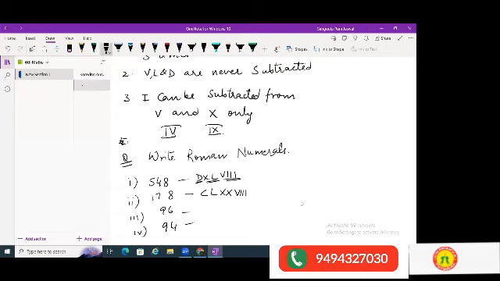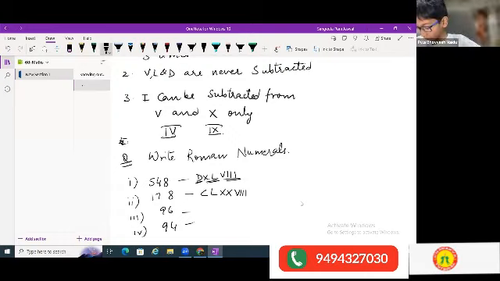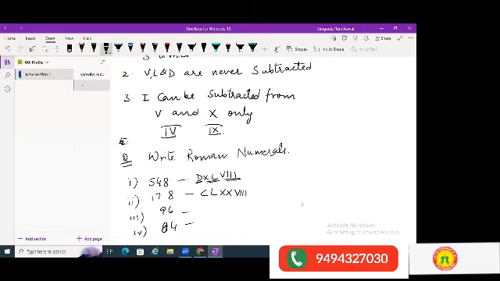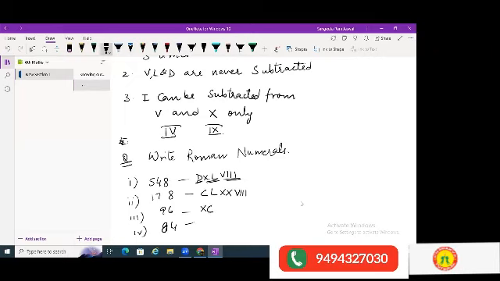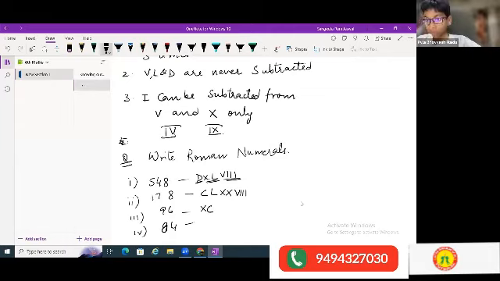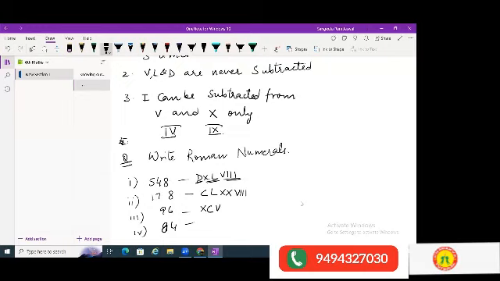Okay, now 96. Bhavesh will tell me how to write 96. Ma'am, X X, C, X, next E. Ma'am, 100 one, V, V and 1, like this. Good. Okay, now 84. Lakshita will tell me 84.